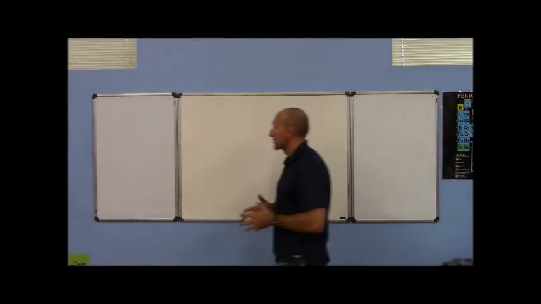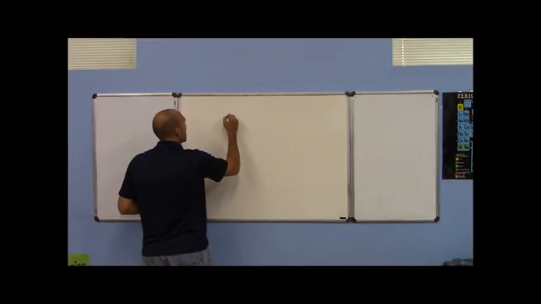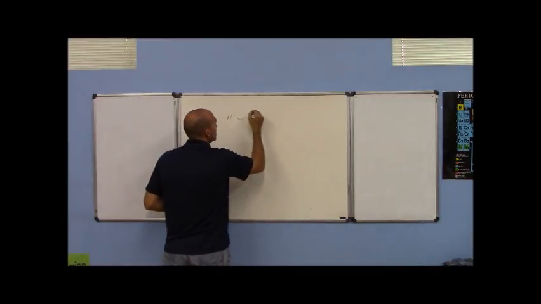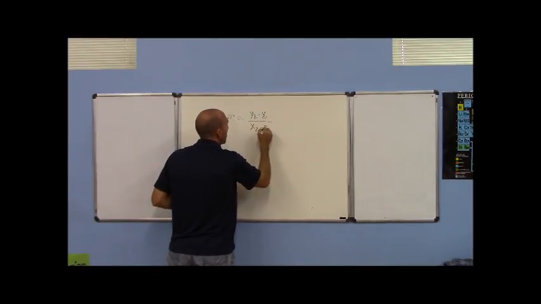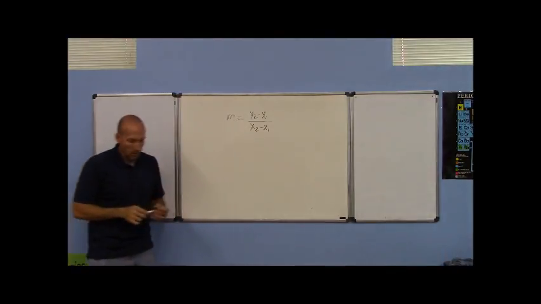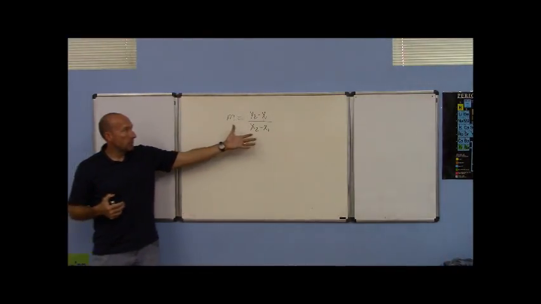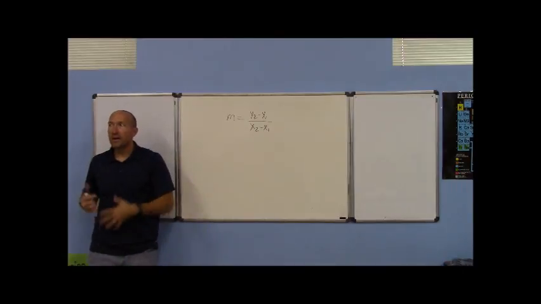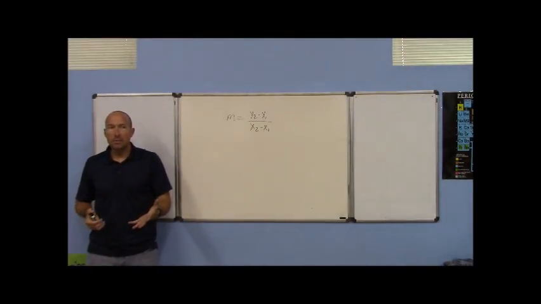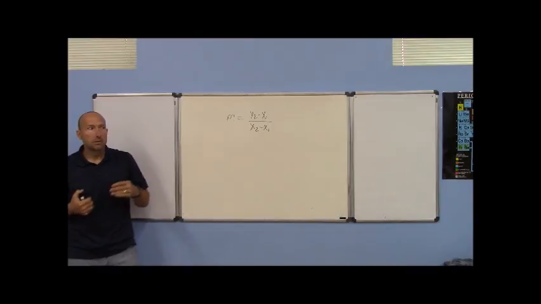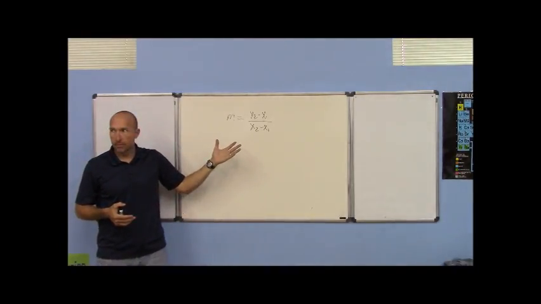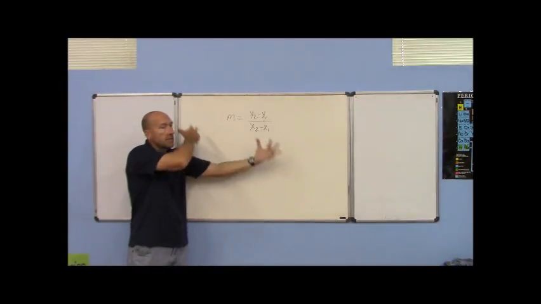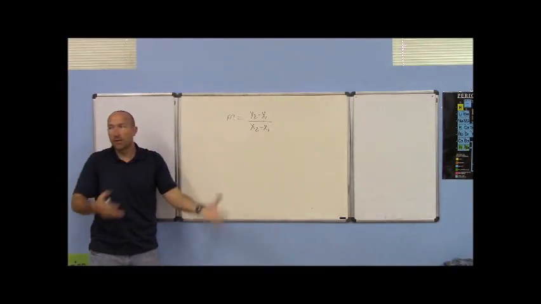Whenever we were talking about the slope earlier, we have m equals y2 minus y1 over x2 minus x1. You will be asked to figure out what the slope is. Sometimes you may be given 1 point and the slope, in which case you have to move this equation around and solve for the unknown.